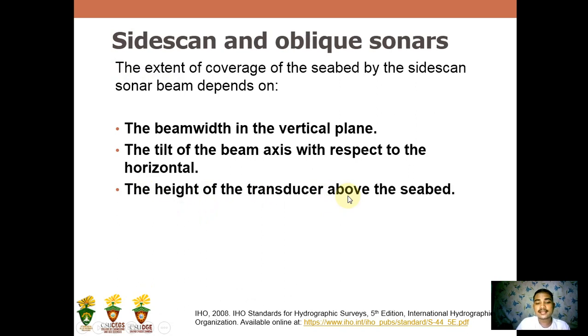Next is the height of the transducer above the seabed. For example, class, dapat mahibaw-an nato, kung sa bathymetric survey man good based sa experience. So before pa mag-conduct ang bathymetric survey, ginakuha na namo ang measurement sa height, kung pila ka meters ang nalublob sa tubig sa transducer.